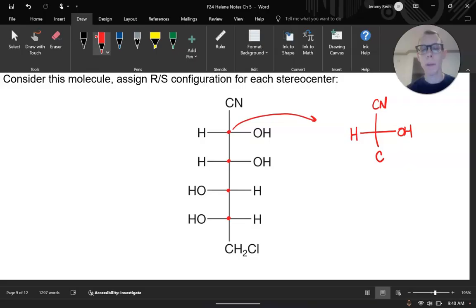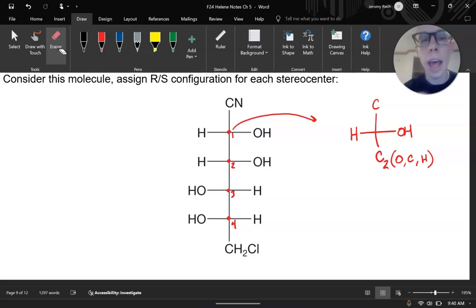And this carbon, and maybe let's call this carbon 1, carbon 2, carbon 3, carbon 4, is going to be my carbon 2. And attached to that carbon 2, I'm going to already give the different identities. So we have an oxygen on the right, a carbon on the bottom, and then a hydrogen on the left. Now, the other thing to think about is that cyano.